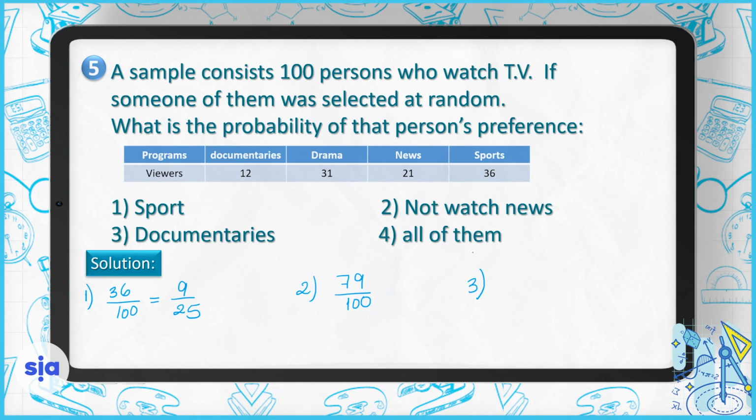Question 3, the probability of watching documentaries, it's 12 divided by 100. To simplify this fraction, it will be 3 over 25. Question 4, what is the probability of watching all of them? It's 100 over 100, so the result is 1.